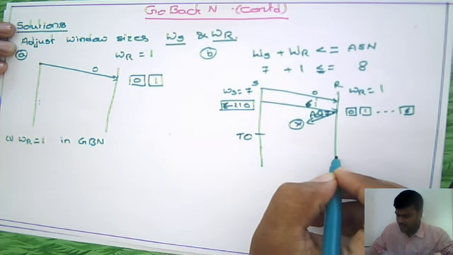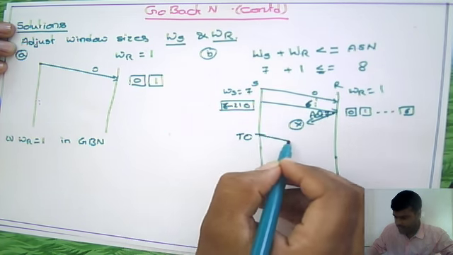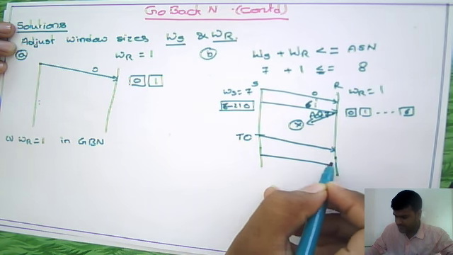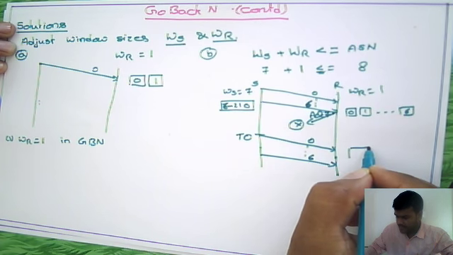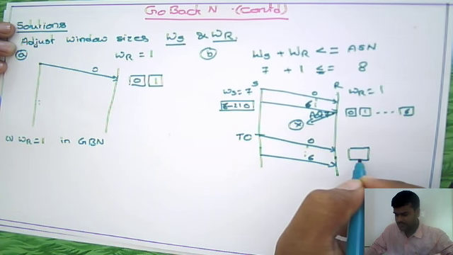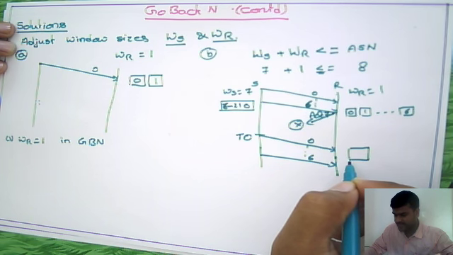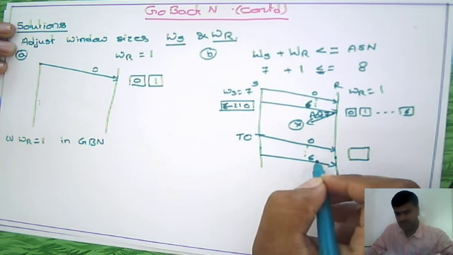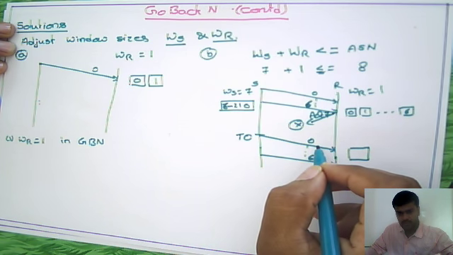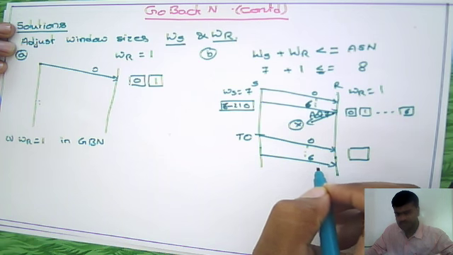As usual, after timeout the sender is going to retransmit the same set of packets, 0 to 6. Since the window size of the receiver is 1, it is expecting sequence number 7, but among this set of packets no packet has sequence number 7.